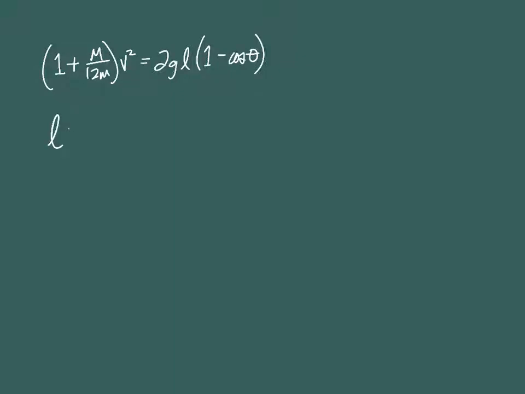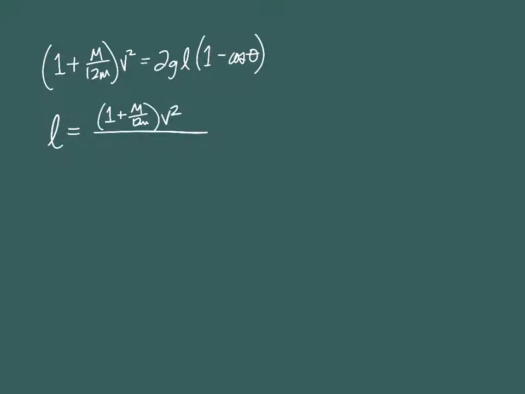So what's going to happen is we are going to get 1 plus m over 12m times v squared equals 2gL 1 minus cosine theta. That's just taking the equation to the next step, which means if I solve for L, I have all that stuff surrounding L, so put L by itself. The numerator is going to be what I have on the left-hand side here.